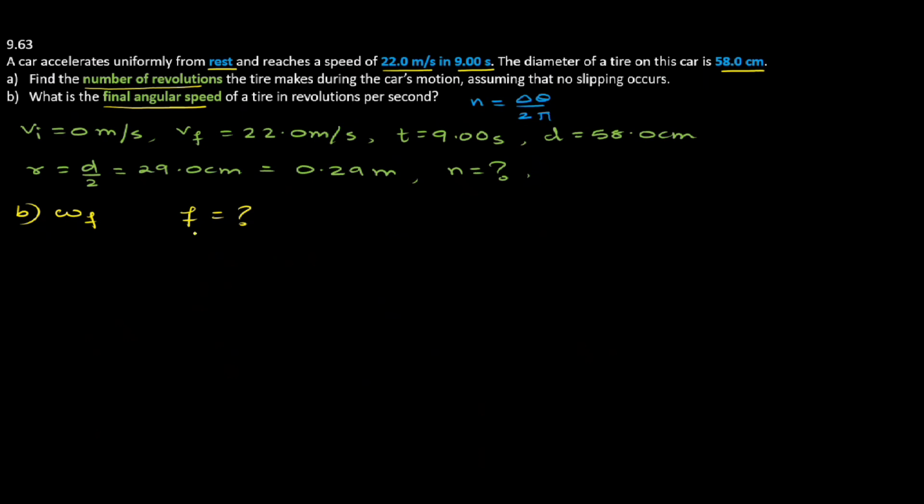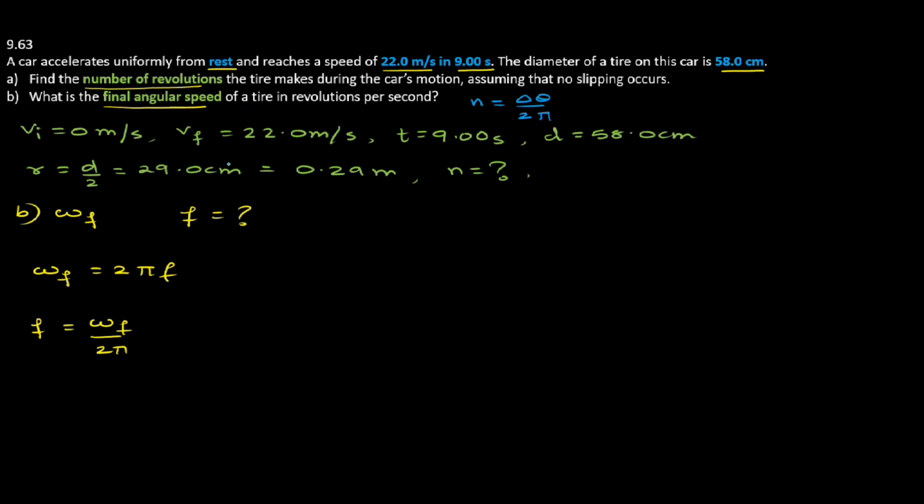We know that omega and frequency are related to each other, and we can write omega final as 2 pi times f. So if I know the value of omega final, I can calculate my frequency as omega final over 2 pi. So let's find out omega final, and then we can substitute its value here to find the angular speed in revolution per second.